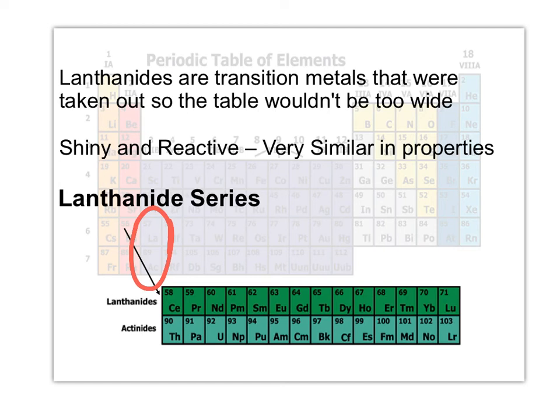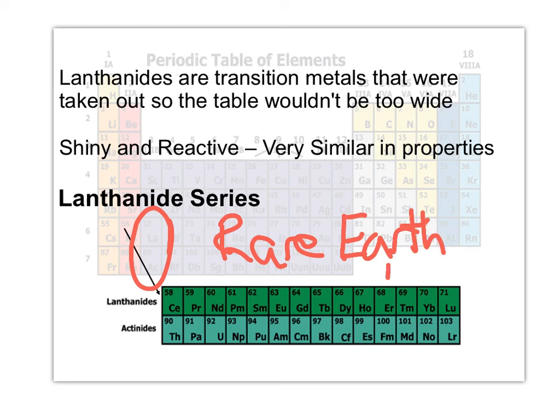So the lanthanide series, these are called the rare earth elements. Not because they're extremely rare, but they are hard to find and isolate here on Earth, okay, but you can find them in the Earth's crust, and they are shiny and tend to be fairly reactive, right? But they're all very similar in their properties, so it's hard to tell them apart.